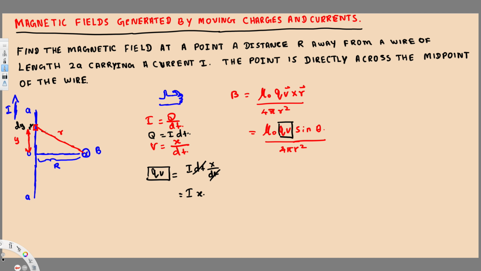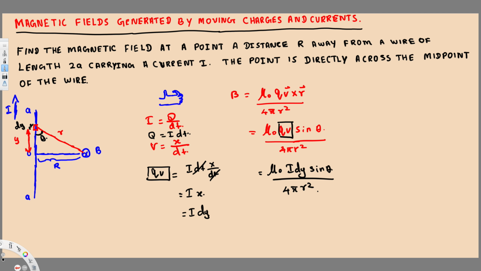So this is the length we are going to put, I dy, and we can replace this equation with mu naught I dy sin theta over 4 pi r square. So let's say this is the angle theta, the angle that it's making with the segment.